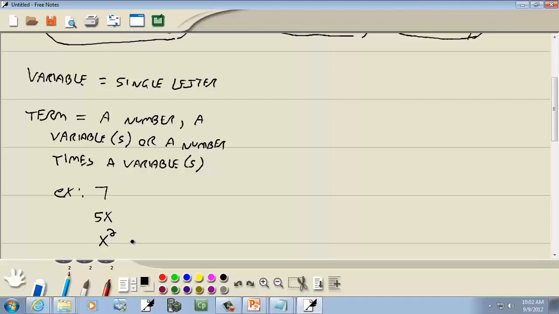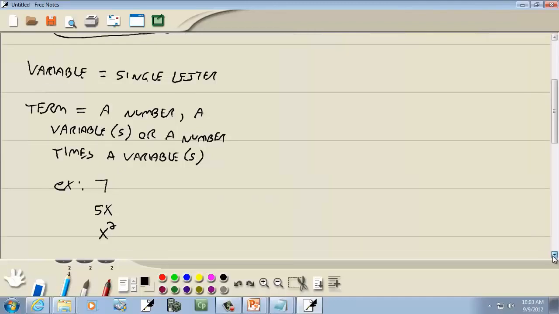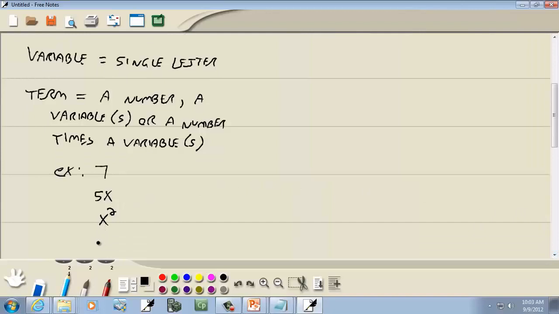That means x times x. Variables, we have 2 x's. That's fine. You could have this right here. x to the third is x times x times x. y squared is y times y. Well, that's just variables, isn't it? So they're all set. And when I say variables up here, or number times a variable, everything's multiplication. You can't have any addition. Addition is what separates them.